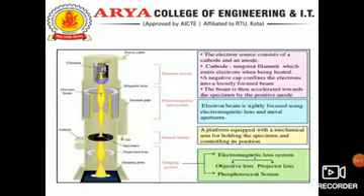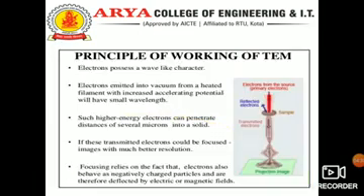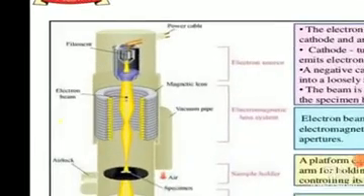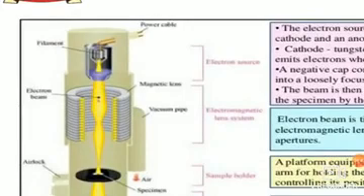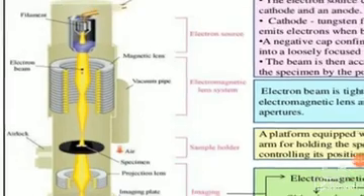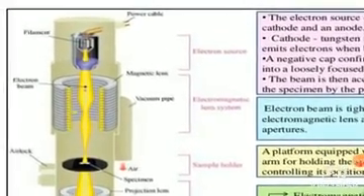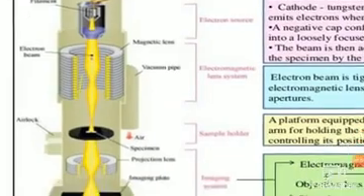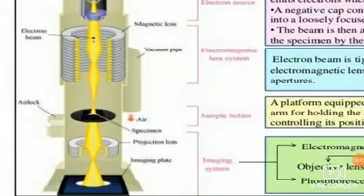And this is the diagram of TEM, where these are the essential components like filament, electron beam, airlock, some lenses like magnetic lens, vacuum pipe, projection lens, imaging plate.